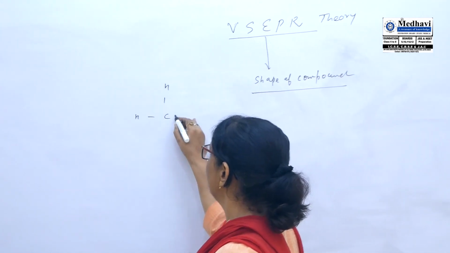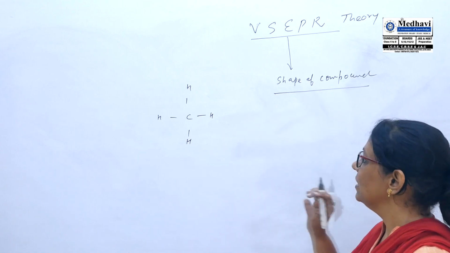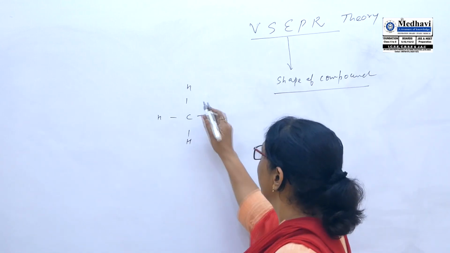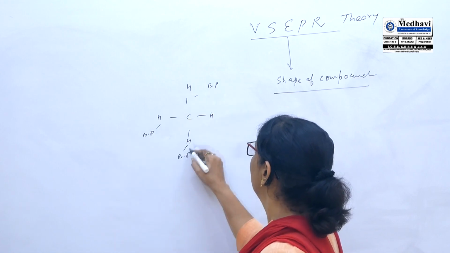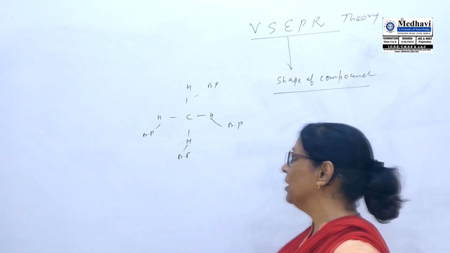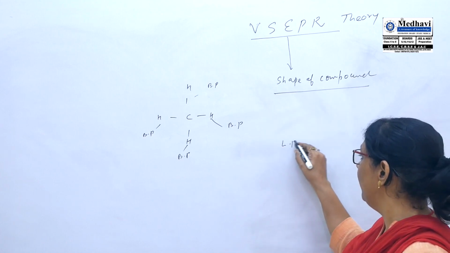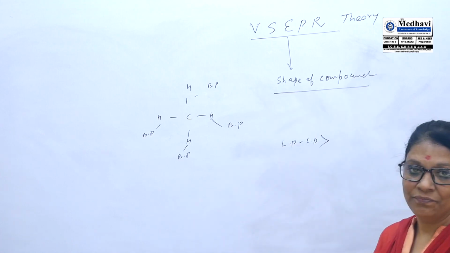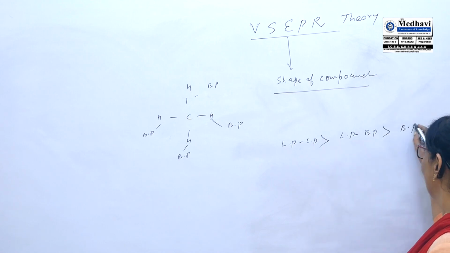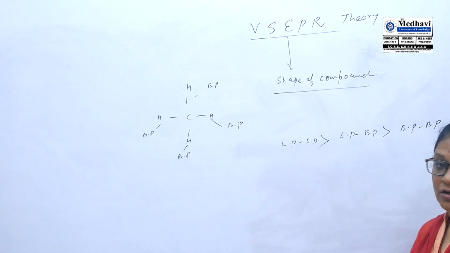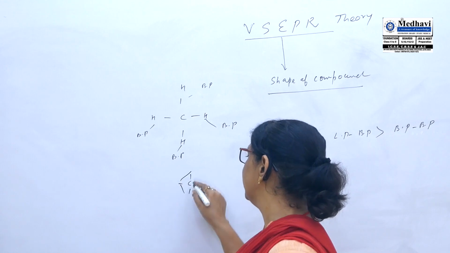In CH4 all the pairs are bond pairs, so the repulsion between 2 bond pairs is minimum. According to this theory, lone pair repulsion is maximum, then lone pair bond pair repulsion, and this is greater than bond pair repulsion. So here there is the least repulsion in the compound, that's why its shape is tetrahedral.